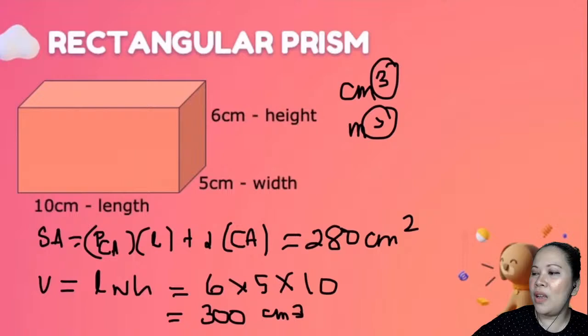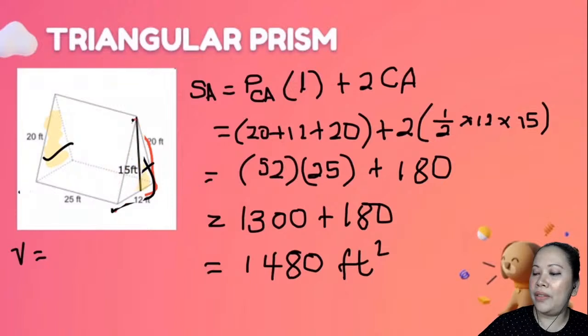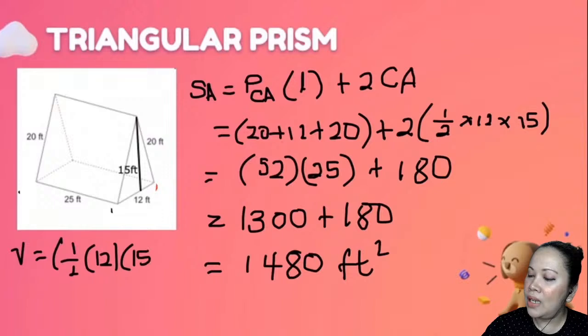The same thing with our triangular prism. All we need to do is find the area of the triangle. So the volume would be the area of this triangle times the length. We have to multiply three things. So the volume of our triangular prism would be 1/2 the base, which is 12, the height, which is 15, times the length, which is 25.